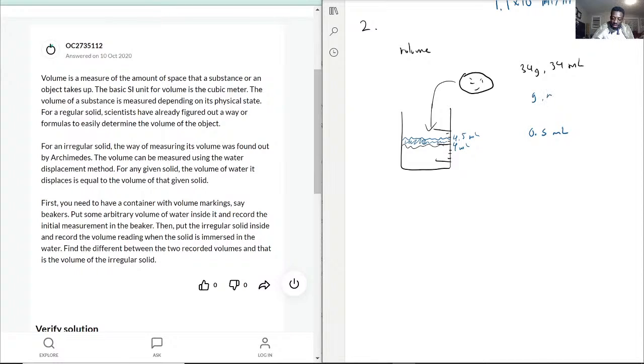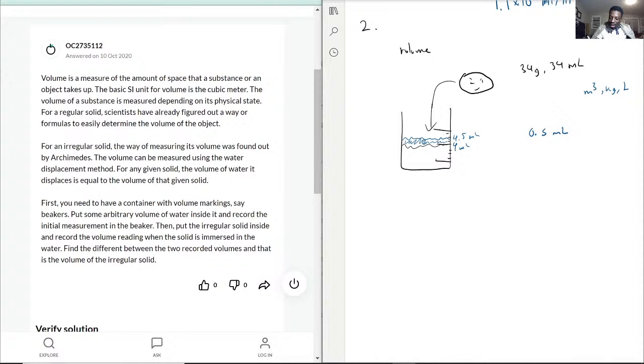Grams and mL are quite similar, and in terms of the cubic meter, I believe that's usually compared to kilograms and liters, those three.